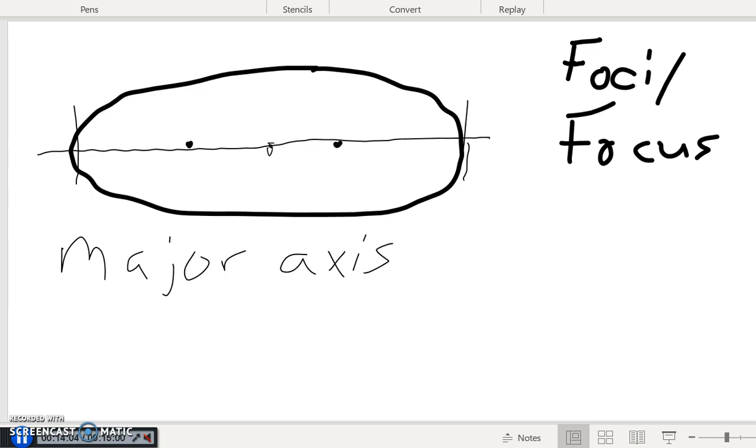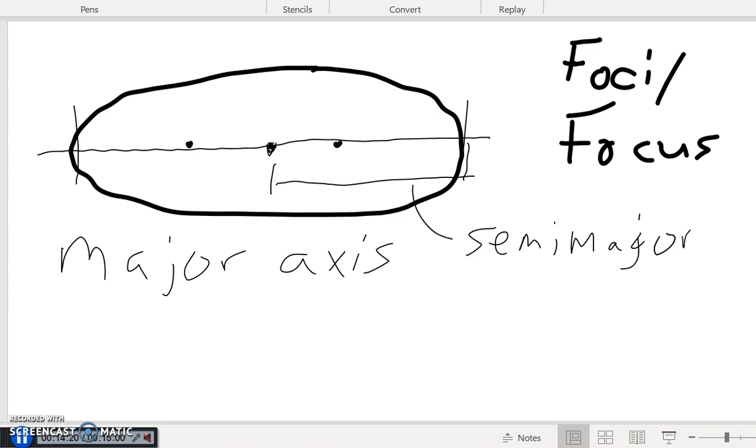And from the center of the ellipse, right, my circles aren't fantastic, but from the center of the ellipse out to one edge, right there, that's what's known as the semi-major axis. Okay, semi-major axis, and that is a J, not a G. All right, semi-major axis.